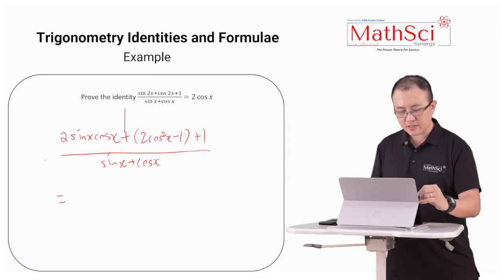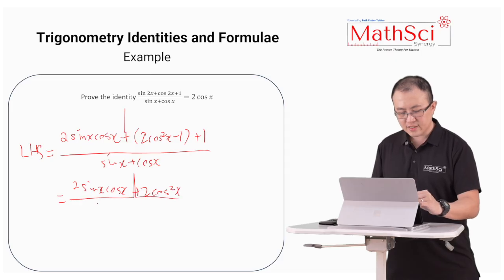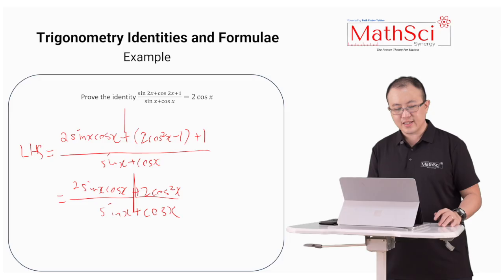Okay, so this is starting from the left hand side. So 2 sin x cos x plus 2 cos squared x over sin x plus cos x.